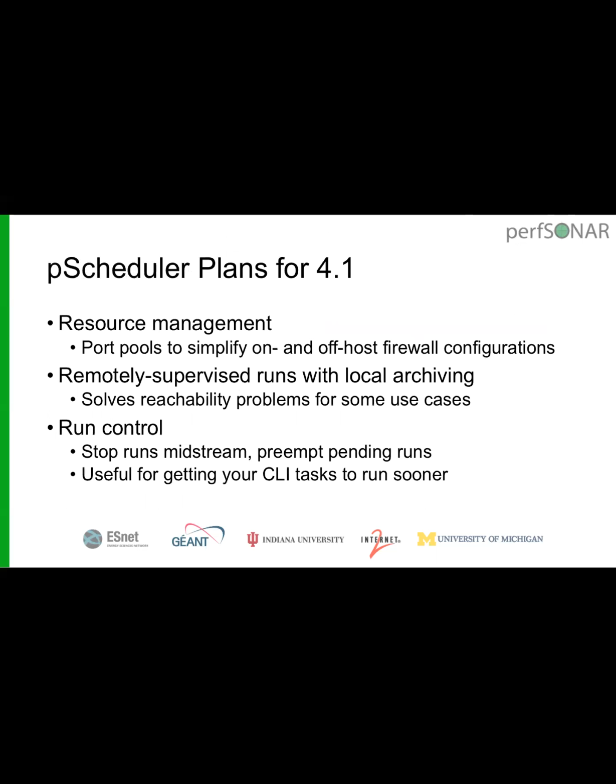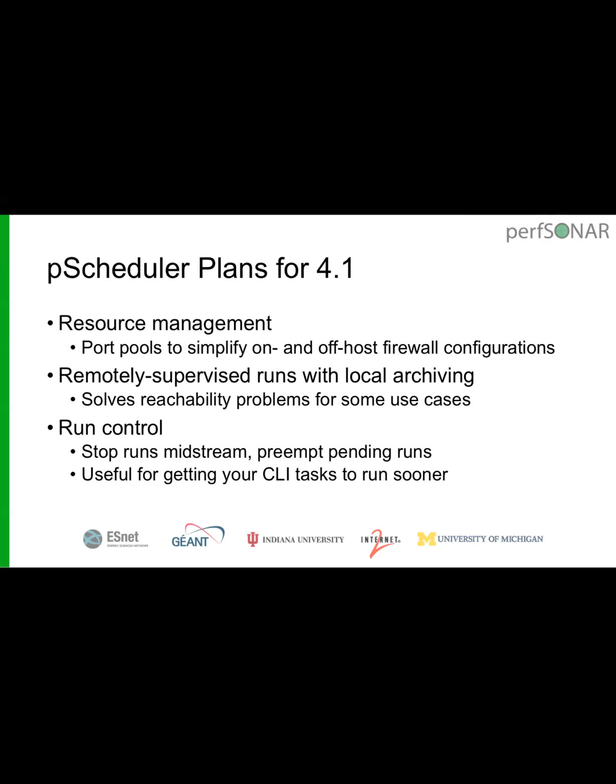So as Andy mentioned, we're looking for this spring to put perfSONAR 4.1 out, and we're looking to add a few major features to that. One is, and again, these are planned, and some may be shuffled depending on what happens in the course of development. But the first thing we're looking at is the concept of resource management, and this is really mostly to solve the problem of having pools of ports.